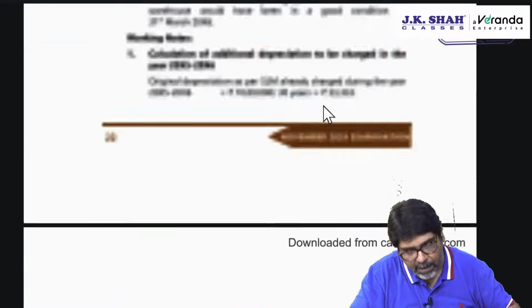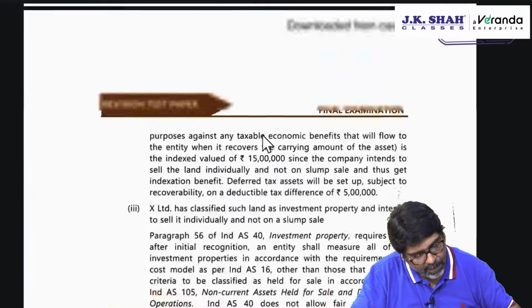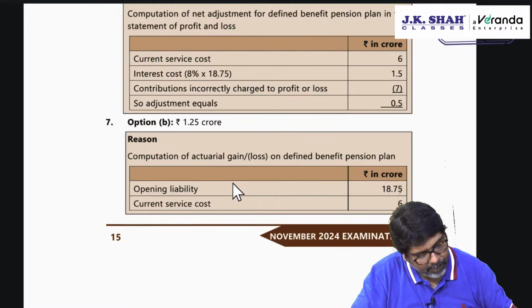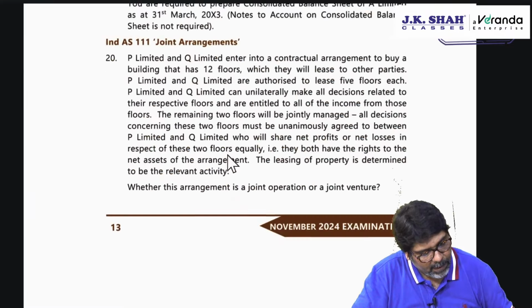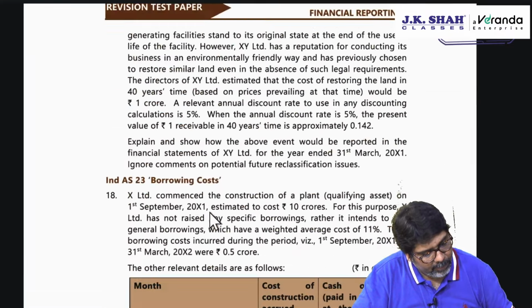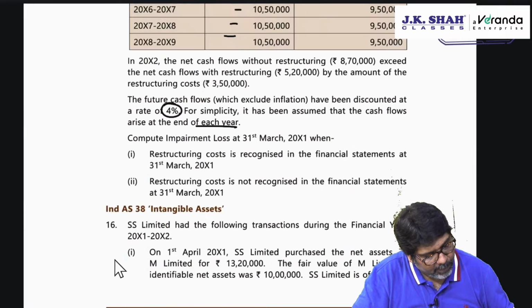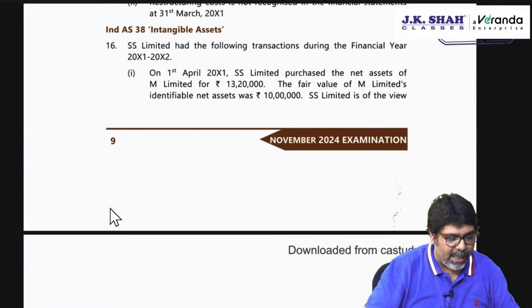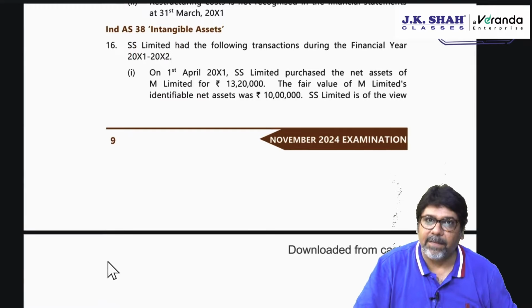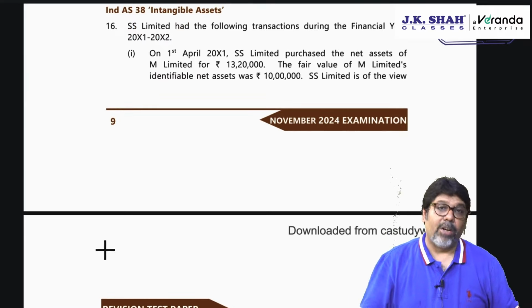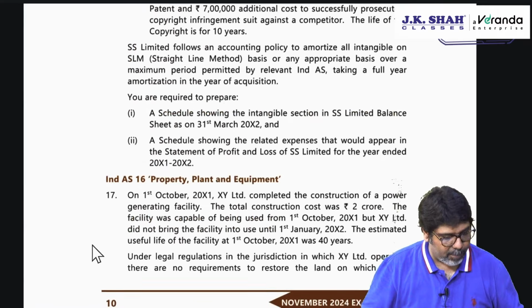After this, this was question number 38 is intangible assets, which is very simple. There is nothing rocket science in this. Property, plant and equipment.